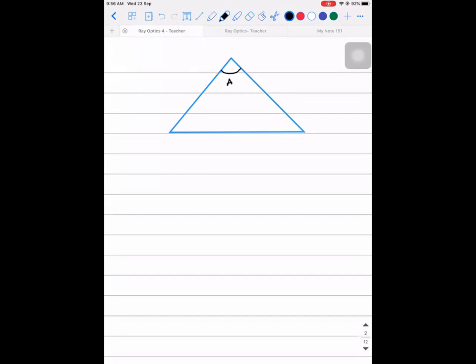This is what is called the angle of prism. The topmost portion, that is what is called the angle of prism. You can ask me a question: does the angle of prism need to be 60 degrees always? Not necessary. It can be anything.